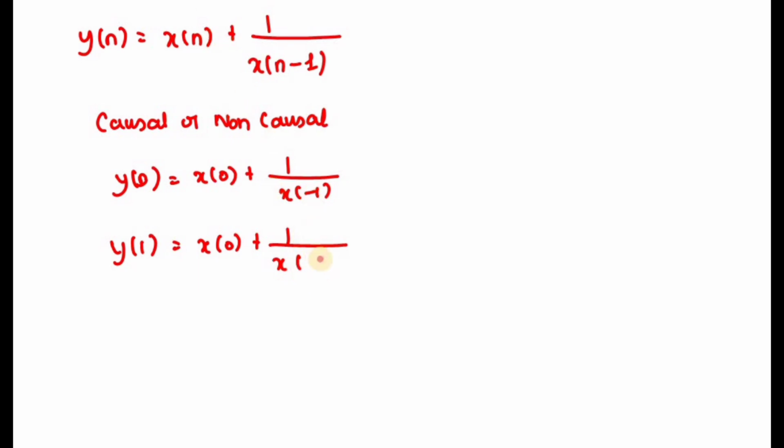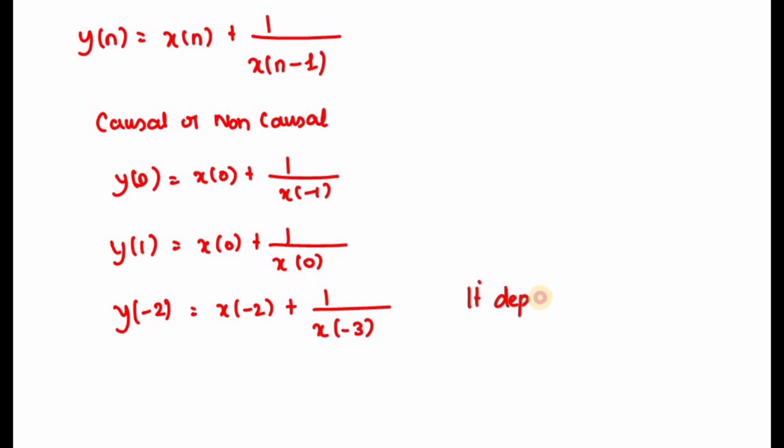If I substitute n is equal to minus 2, I will get x of minus 1 divided by x of minus 3. So it depends on present and past values. Since minus 2 is greater than minus 3, it depends on the present and past value. So it is a causal system.